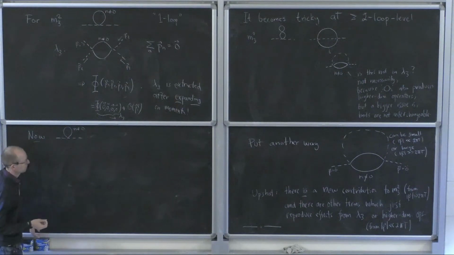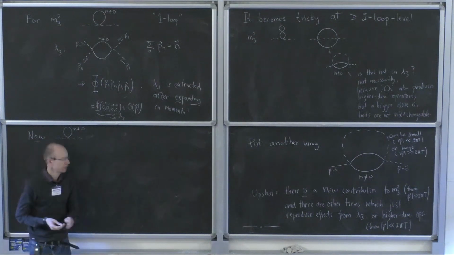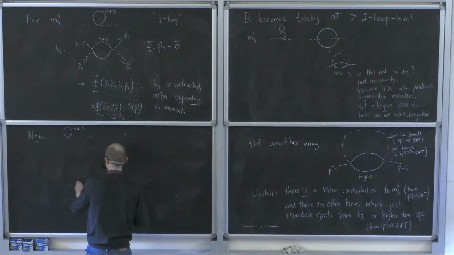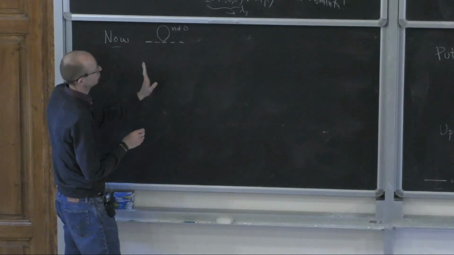I just want to show some explicit computation, also because it's a nice little computation. I think we will do it after the break, but what we can already do is draw some contractions.